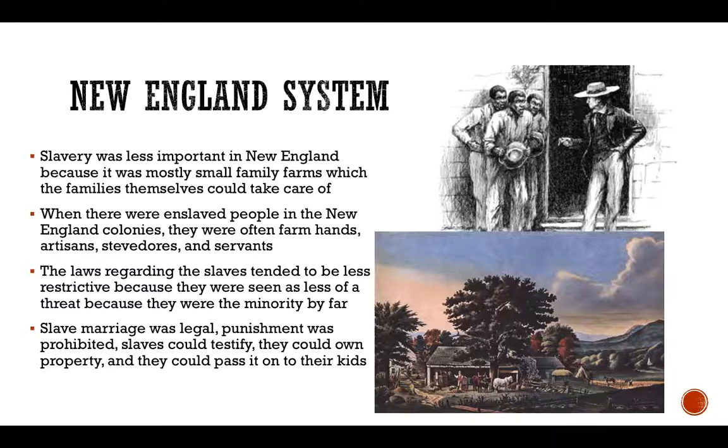When there were enslaved people in the New England colonies, they were often farm hands, artisans, stevedores, which are people who work in shipyards and load and unload ships, and servants. So basically, there was more money to be had within the New England colonies, and this meant that even enslaved people would have more esteemed jobs like artisans and servants within the home.